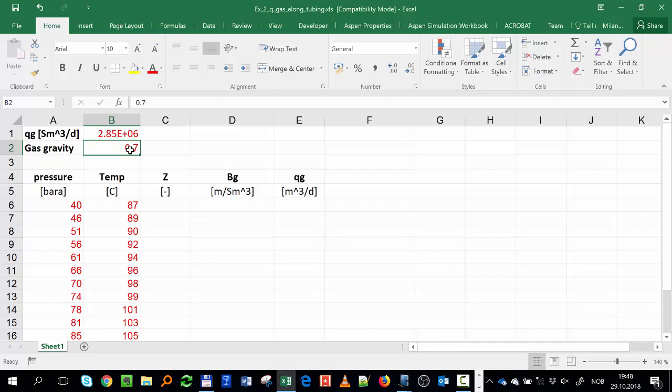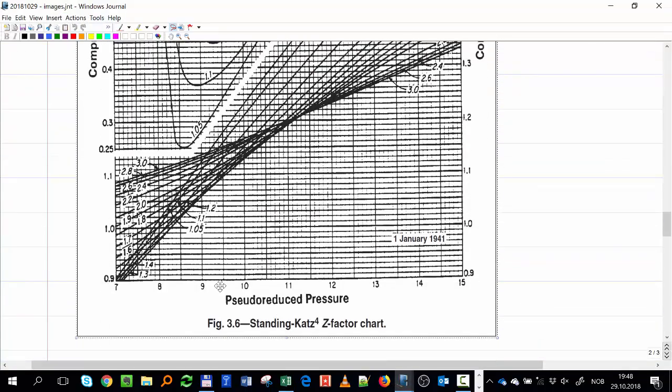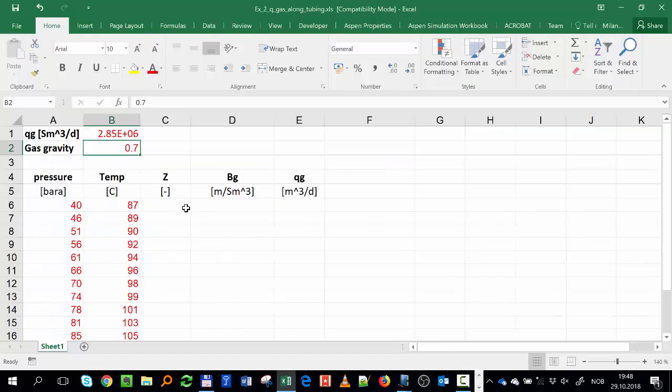Then you come to this plot, and then you use the PR and the TR, and you read the SEP. Okay? Then you type it here. Then you type it in VG with pressure, temperature, and SEP. And then you finally compute QT.